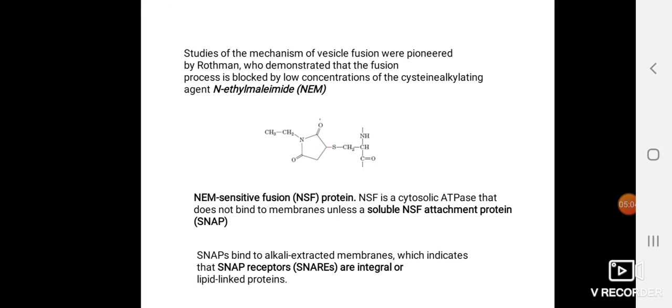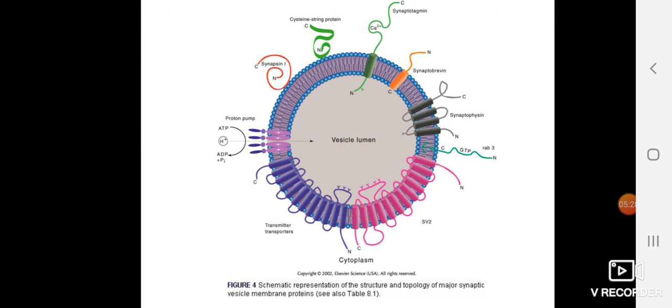These soluble NSF attachment proteins connect the NSF protein molecules to the membrane proteins. Because SNAPs have a target receptor on the membrane, called SNAREs, that is SNAP receptors, and these SNAREs, as I mentioned earlier, are integral membrane proteins or can be lipid-linked proteins present on the membrane.